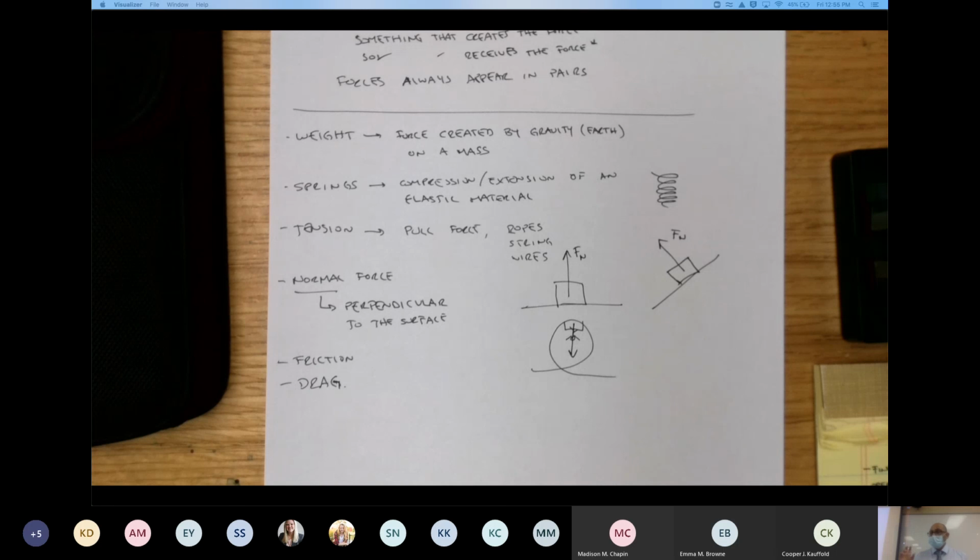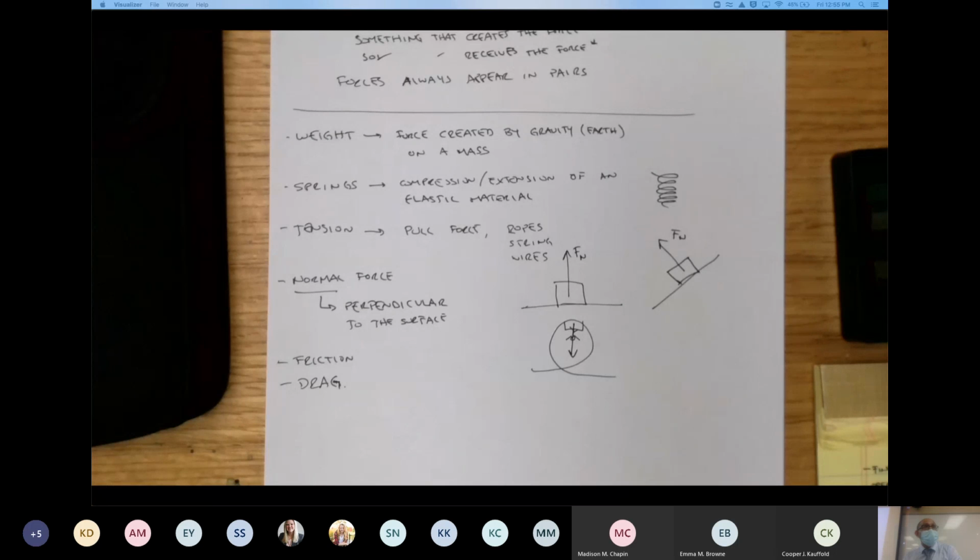So drag is basically that resistance that prevents you from moving smoothly through any of those materials. Now, the key with friction and drag is that they always oppose motion. They're always going to slow you down. You cannot have friction that helps you move faster, and you're not going to have drag that moves you faster.